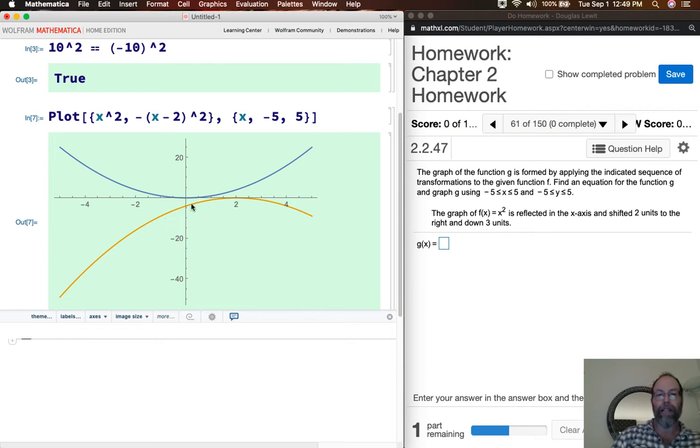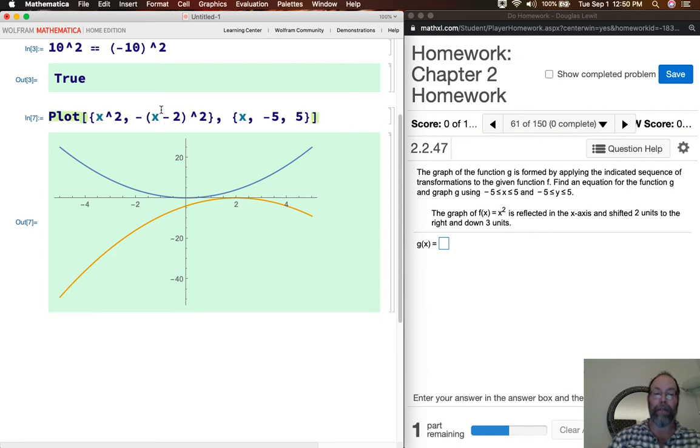This looks kind of orange to me. The curve in orange is the transformed function. So we shifted it over 2 units to the right, and we also reflected it in the x-axis. And now we have to shift it down 3 units.